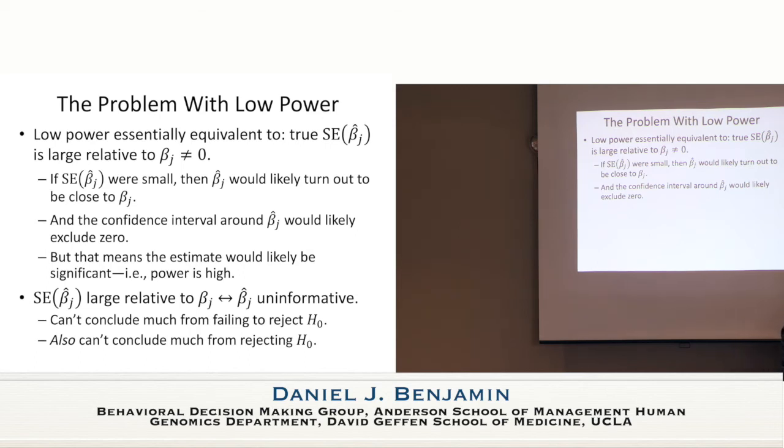The fact that it's likely the confidence interval is going to exclude 0 is exactly saying that you have high power. So that's the equivalence between a small confidence interval, a small true standard error, and high power.